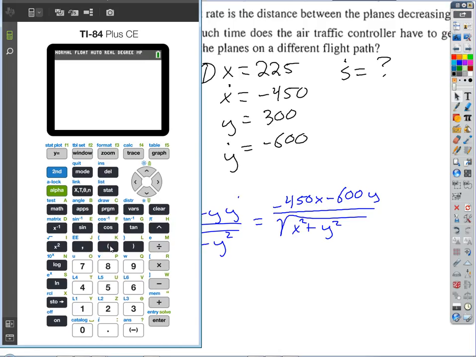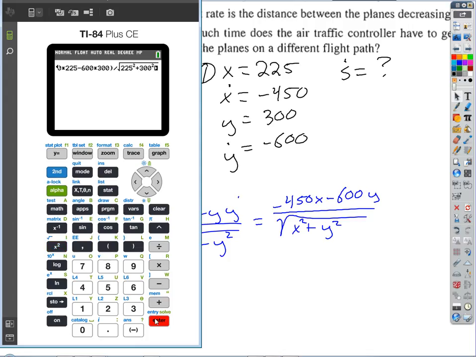Okay, so we got the expression, the quantity negative 450 times X, which was 225, right? Minus 600 times 300, divided by the quantity square root of 225 squared plus 300 squared.